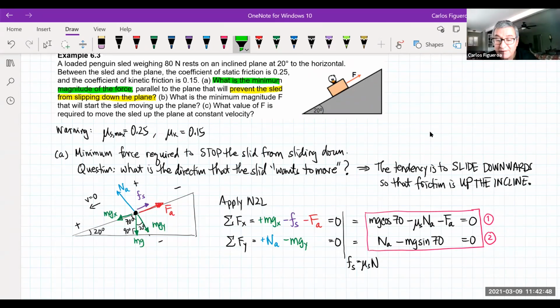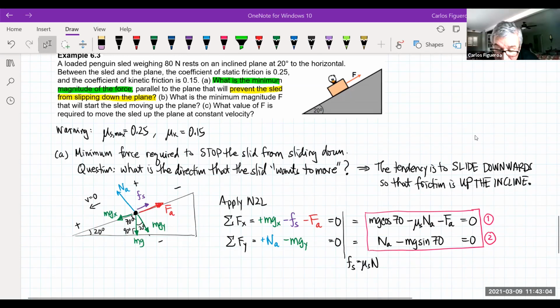That's what that force F of A is. And I called it A because we're in part A. In part B, you're going to see that there's a different force, which I will call F of B.